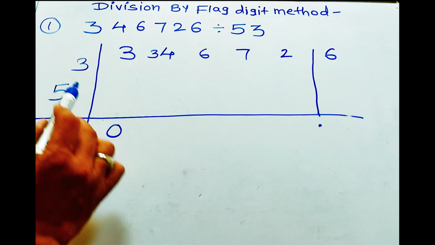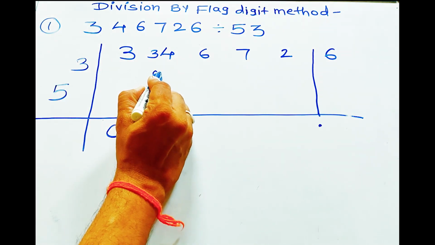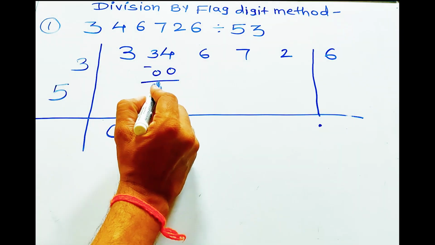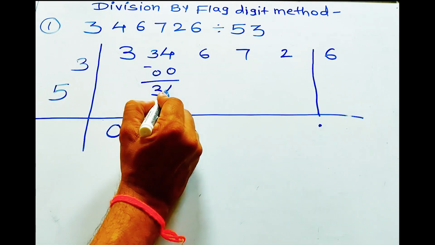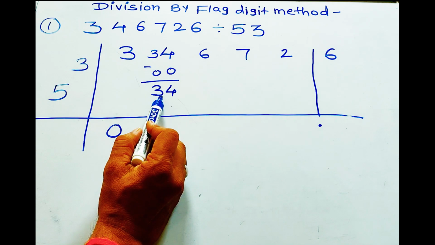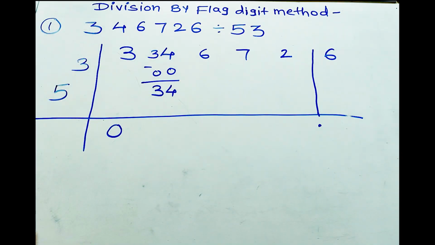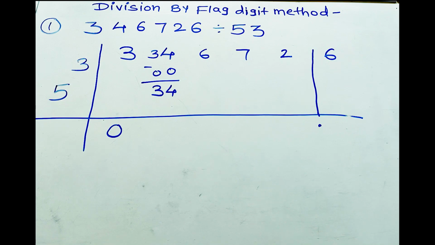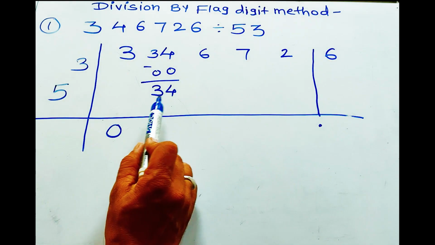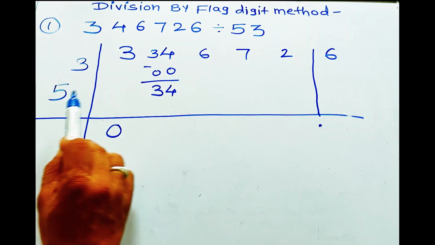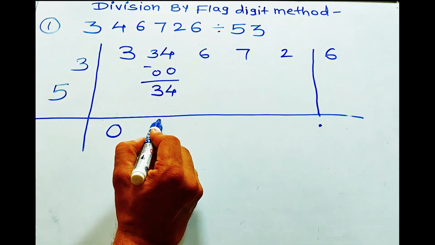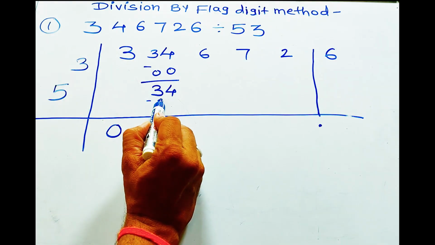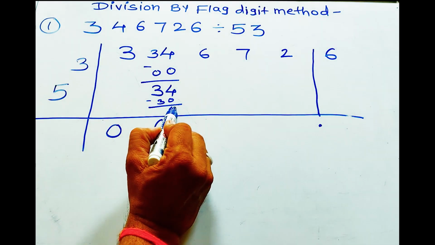The product of 0 and 3 is 0. 34 minus 0 is 34. Now this 34 divided by 5. 5 6s are 30 and 5 7s are 35. 35 is more than 34. So 5 6s are 30. 34 minus 30 becomes 4.